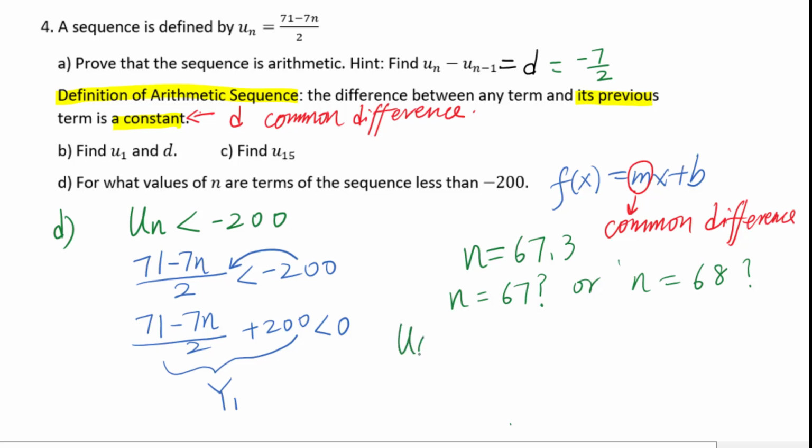For u sub 67 equals (71 minus 7 times 67) over 2 equals negative 199.